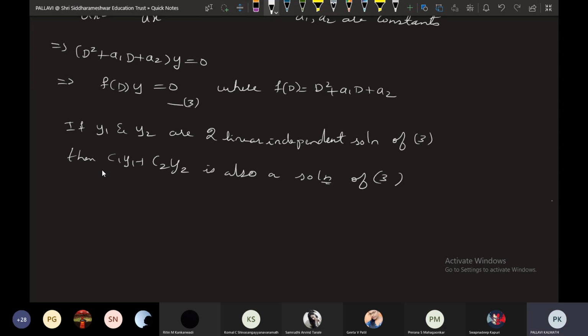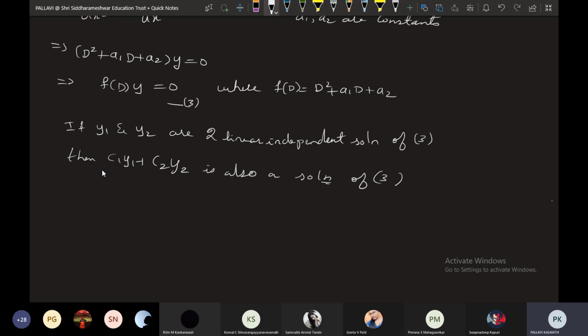Since the general solution of the second order differential equation has two arbitrary constants, always remember, whatever the order of the equation, so many constants you will be getting.